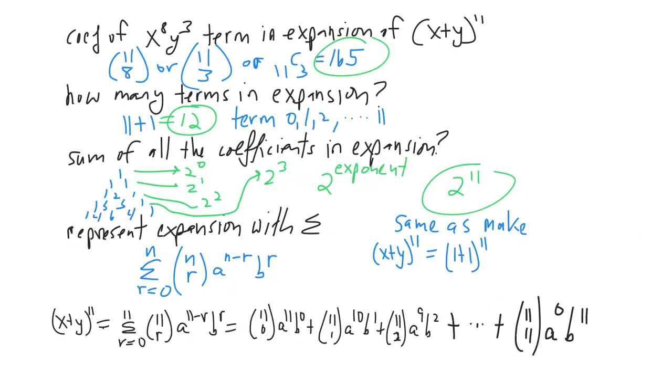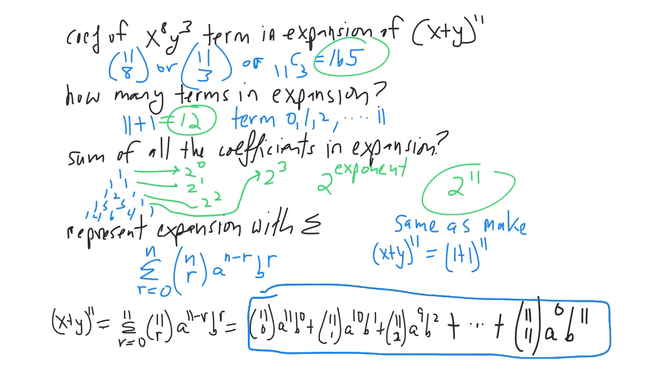Notice as we make our expansion with the sigma notation that we have our coefficient at the beginning of each term, that the power on the initial a value goes down by 1 each time, and the power on the subsequent b value goes up by 1 each time.